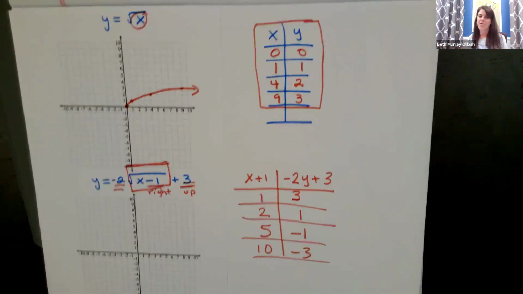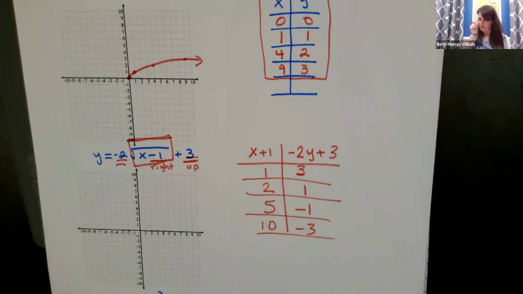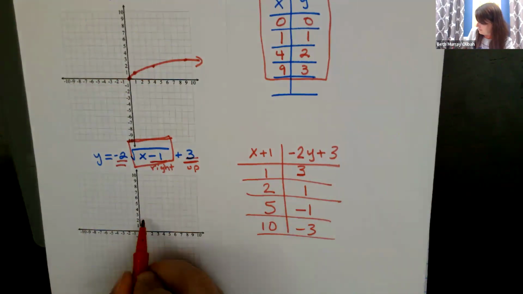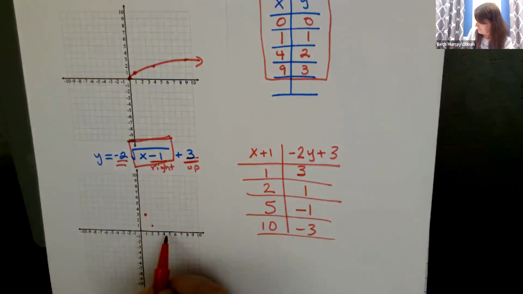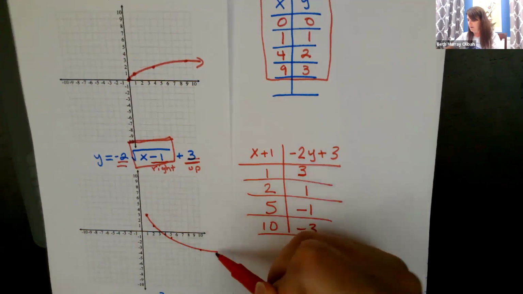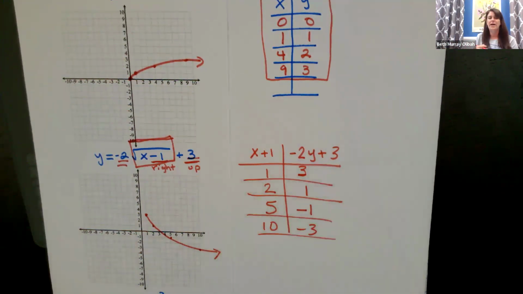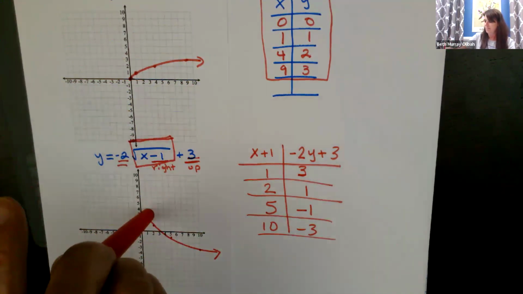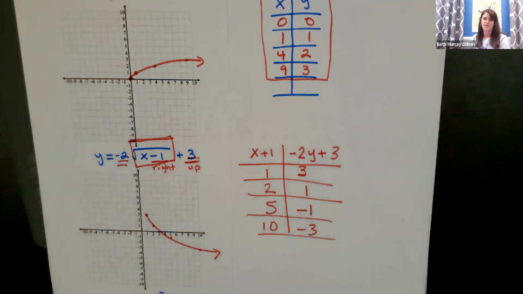So now those are the numbers that I'm going to graph. 1, 3; 2, 1; 5, -1; and 10, -3. And just like I thought, it should look like the original has changed shapes and was flipped. It moved 1 right, 3 up, and flipped.